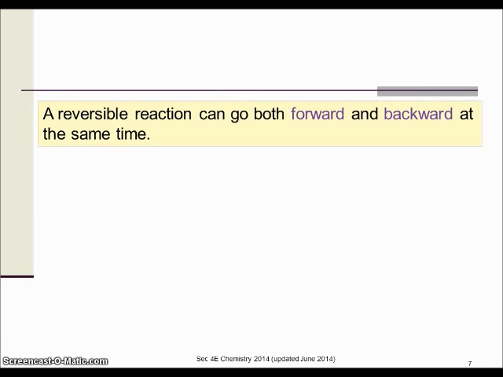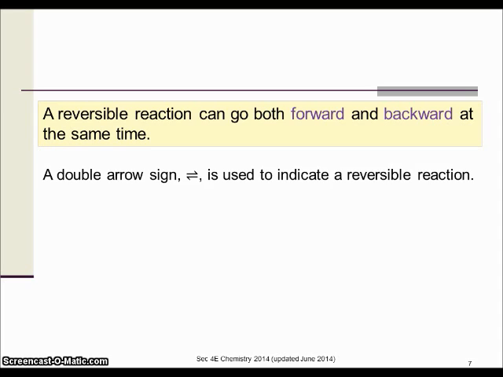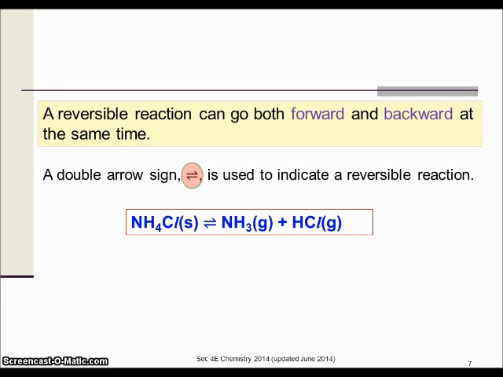We say that a reversible reaction can go both forward and backward at the same time. A double arrow sign is used to indicate a reversible reaction. So for the previous example, you have your ammonium chloride reacting to form your ammonia gas as well as your hydrogen chloride gas.